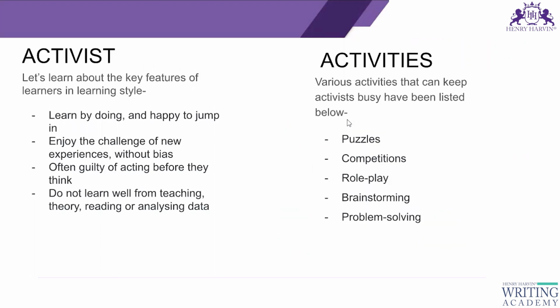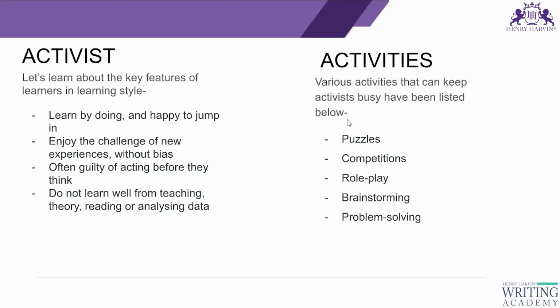Now, what are the key features of learners in these styles, or how will learners learn? Here, in the activist, the learner learns by doing and is happy to jump in.